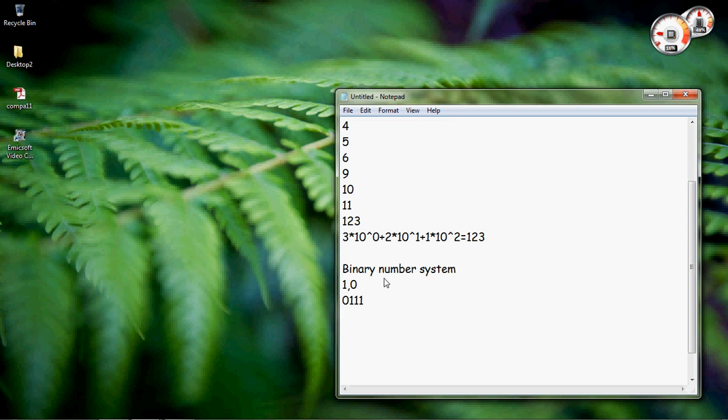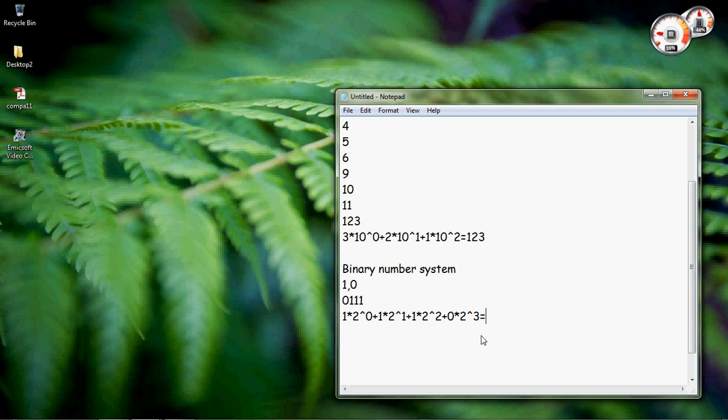So how do we calculate the value of this number? We do the same thing, but here the base is 2 and the powers start from 0. So this 1 into 2 raised to power 0, plus this second one into 2 raised to power 1, plus this third one into 2 raised to power 2, plus 0 into 2 raised to power 3.